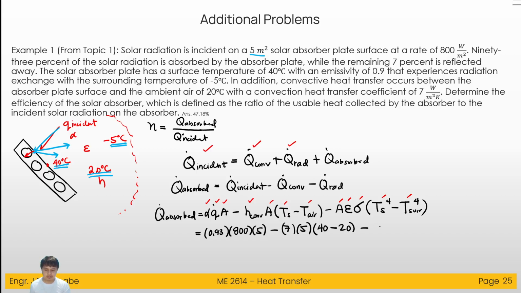Okay, minus the area again, so 5. Epsilon is what? Do we have an epsilon? Sorry, yeah, we have 0.9, the emissivity, and then T surface. So this should be an absolute temperature, no? So we have 40 plus 273 to the fourth power minus -5 plus 273 to the fourth power.